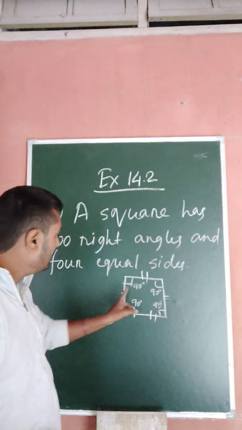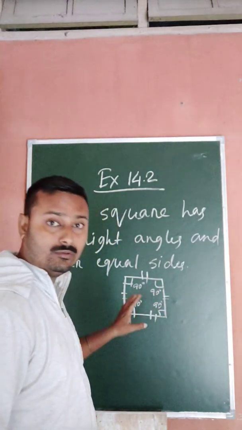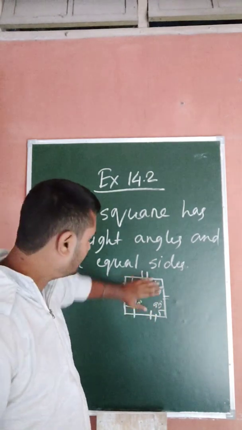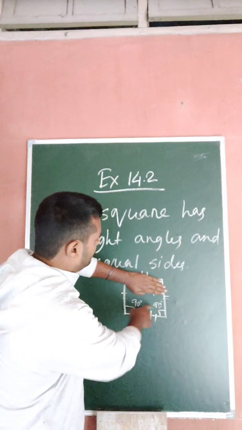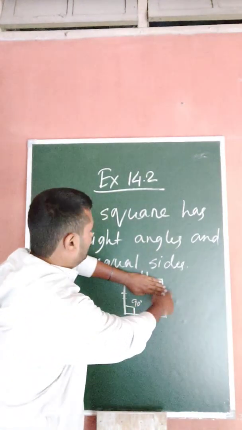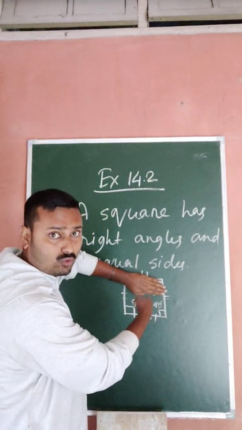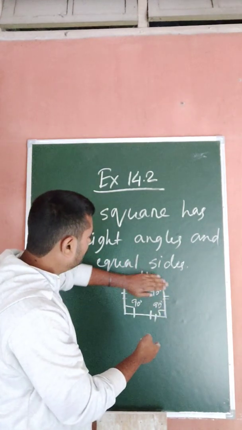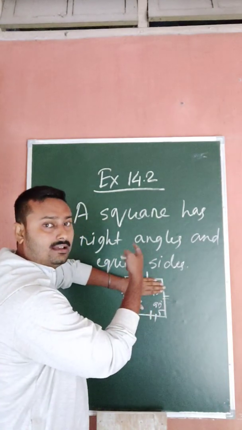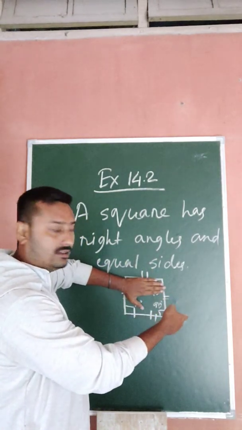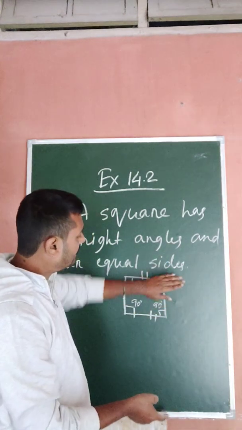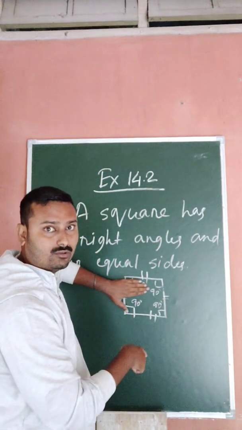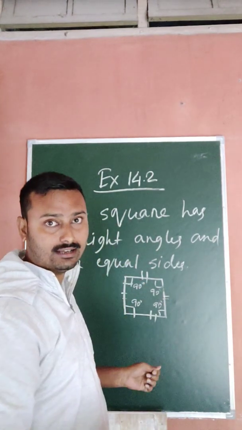But all four angles are equal to 90 degrees, all four angles are right angles. If someone says a square has two right angles and four equal sides, it is also correct, because 2 is inside 4. If someone says a square has one right angle and four equal sides, that will also be correct. If someone says a square has three right angles and four sides are equal, also correct. I'm not saying only three right angles.